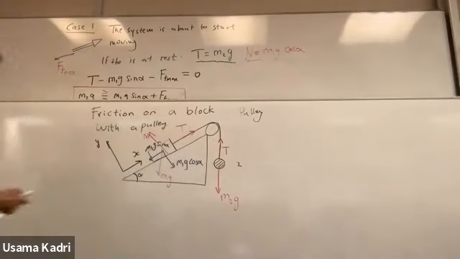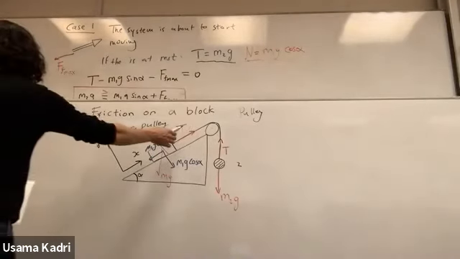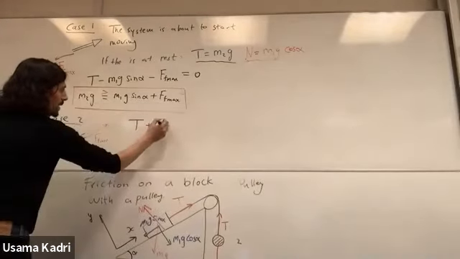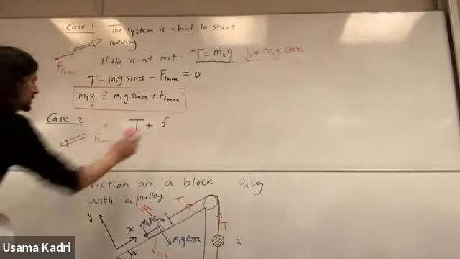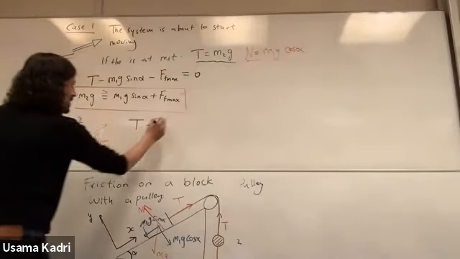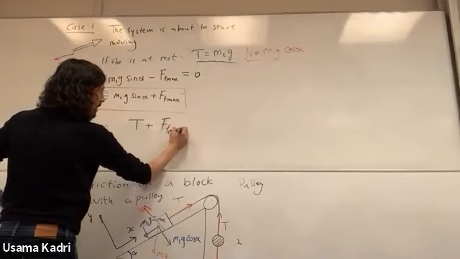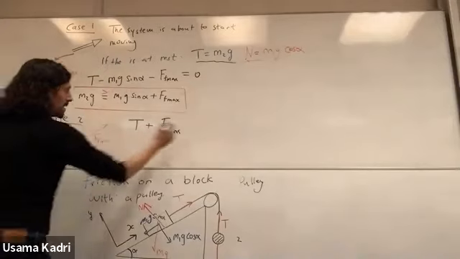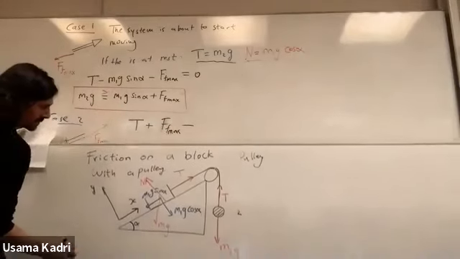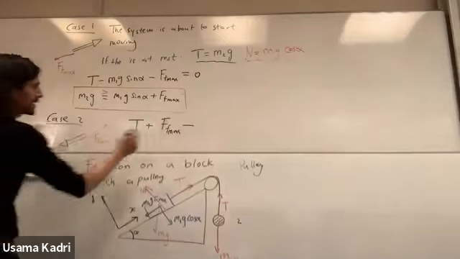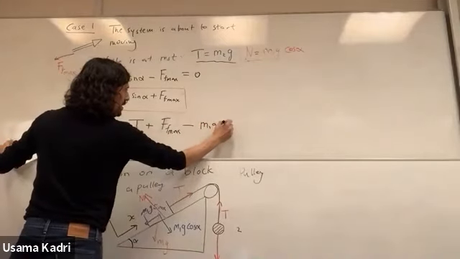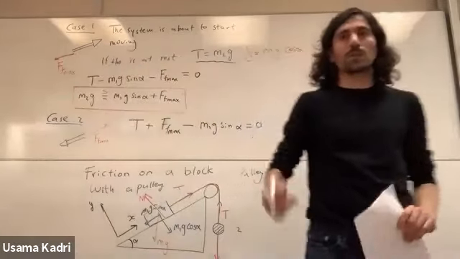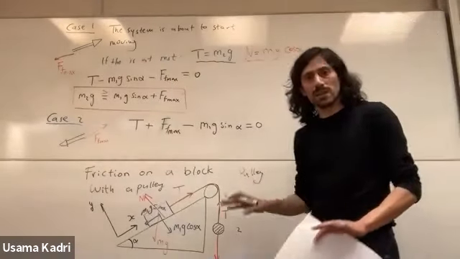T, it's in that direction, plus F max, the friction. The friction is also in the X direction. So it's plus minus M1G sine alpha equals 0. And you have to remember, why 0? Because the system is not accelerating yet.